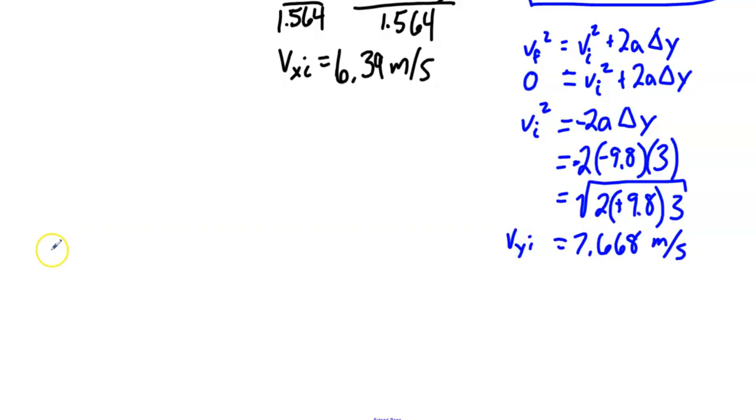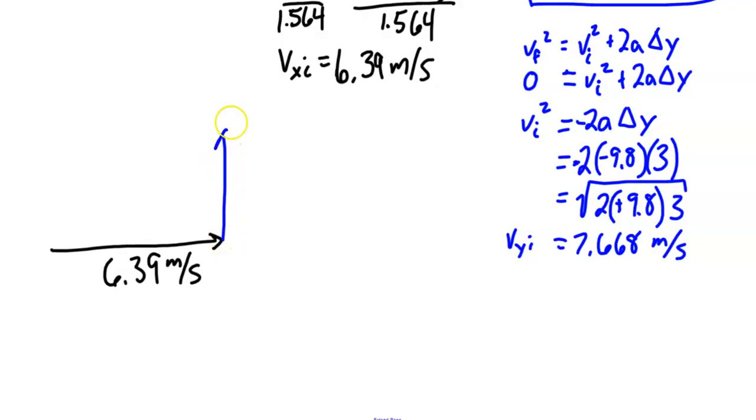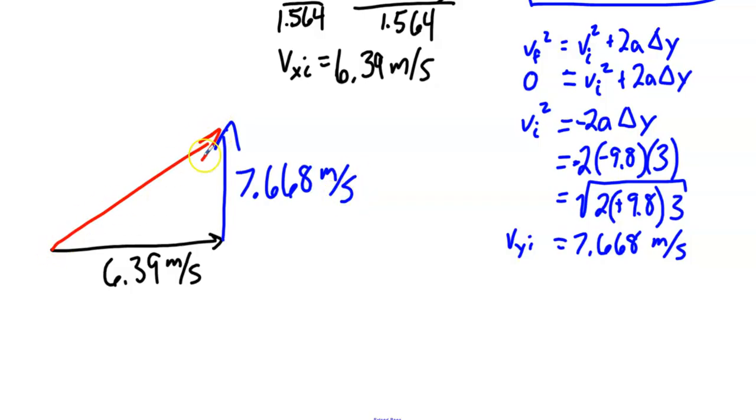All right, so what we know is that Vxi is 6.39 meters per second, and Vy is 7.668 meters per second. And we need to solve for the magnitude of those two.